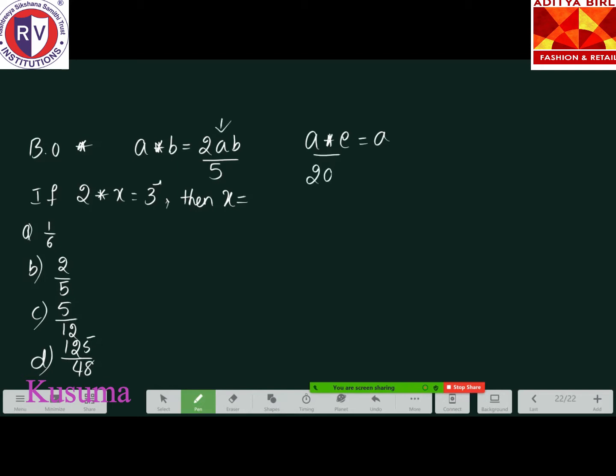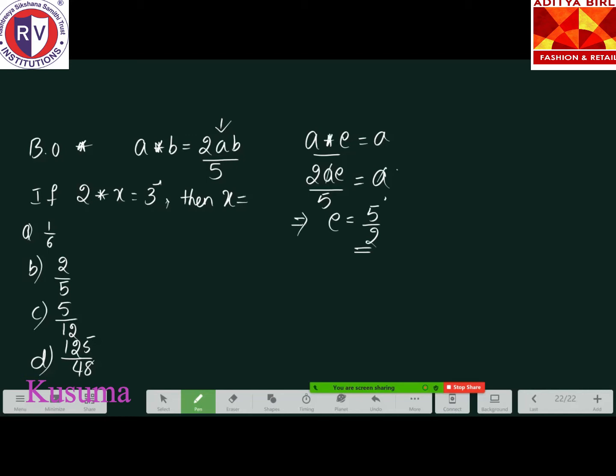So here it will be 2AE divided by 5, which is equal to A. So this implies E is equal to 5 by 2, because A and A get cancelled. The 5 goes to the numerator and the 2 comes to the denominator on the RHS, so E is equal to 5 by 2. This is the identity element of the given binary operation.